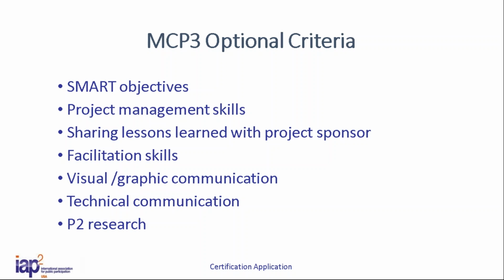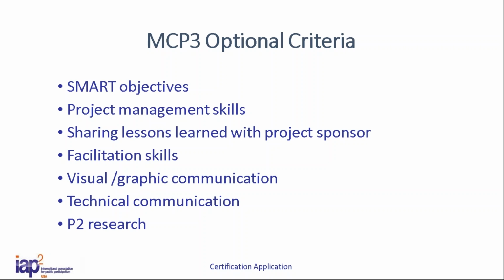This approach was developed because often people that have been working in this field for a long time develop a specialty or a special area of expertise. And so we're not expecting that someone would demonstrate more than one of these optional criteria. At least one of them is adequate. Could be that you're really good at developing specific, measurable, achievable, relevant, and time-sensitive objectives.